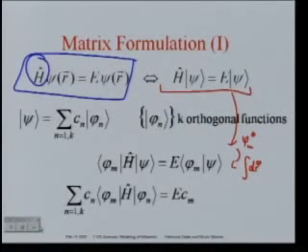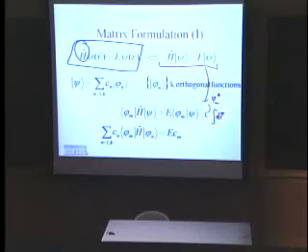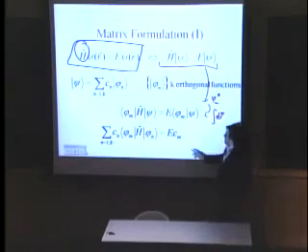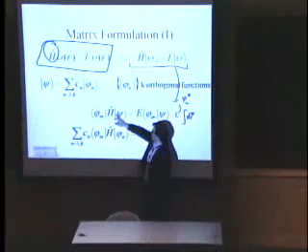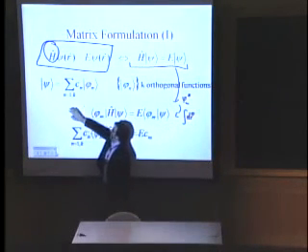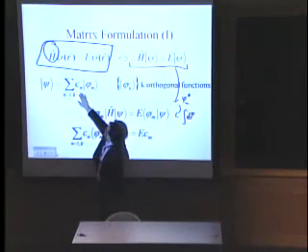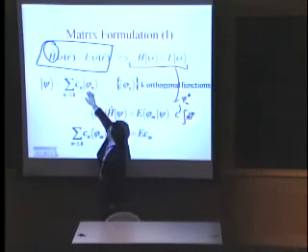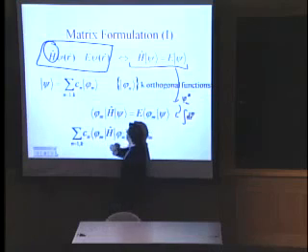This is what I have obtained. And now I exploit my hypothesis. I've said that my wave function can be written as a linear combination of my basis functions with certain coefficients.